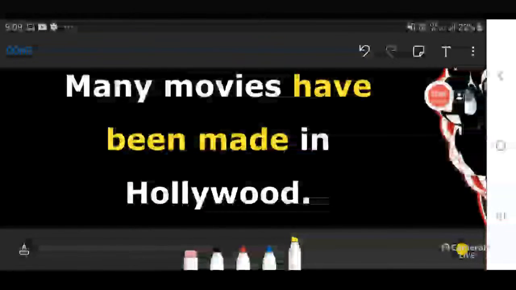Past perfect tense, to make the passive voice, had been plus third form of verb. This we need to keep in our mind.